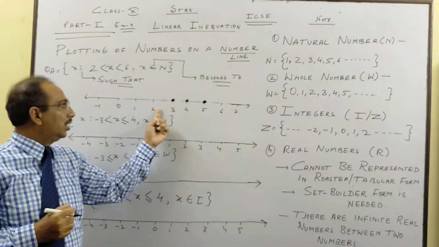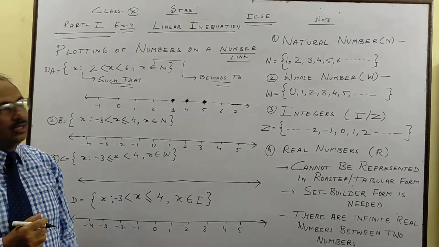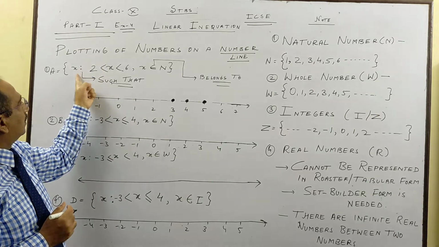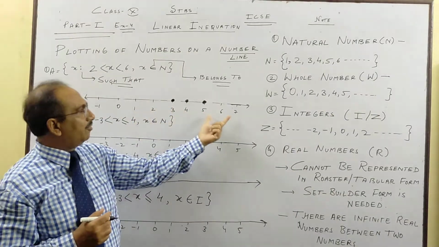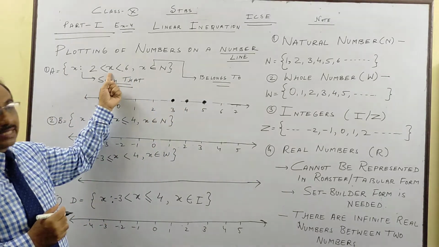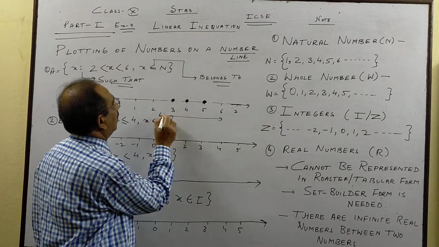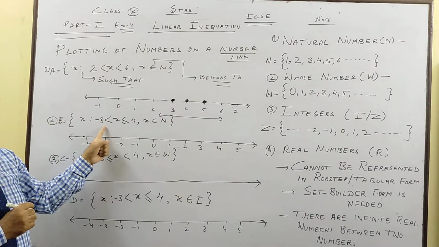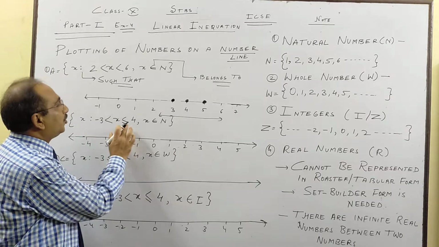So I leave 2, and less than 6 means I take 5. So we have x such that x is greater than 2 and less than 6. We leave 2 and we leave 6 because x is a natural number between these two. Another question we see on natural numbers: x greater than -3, less than equal to 4.